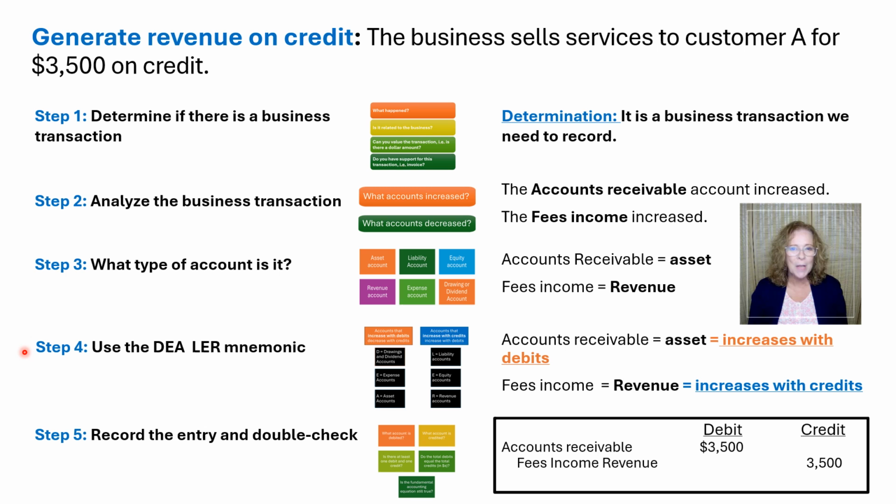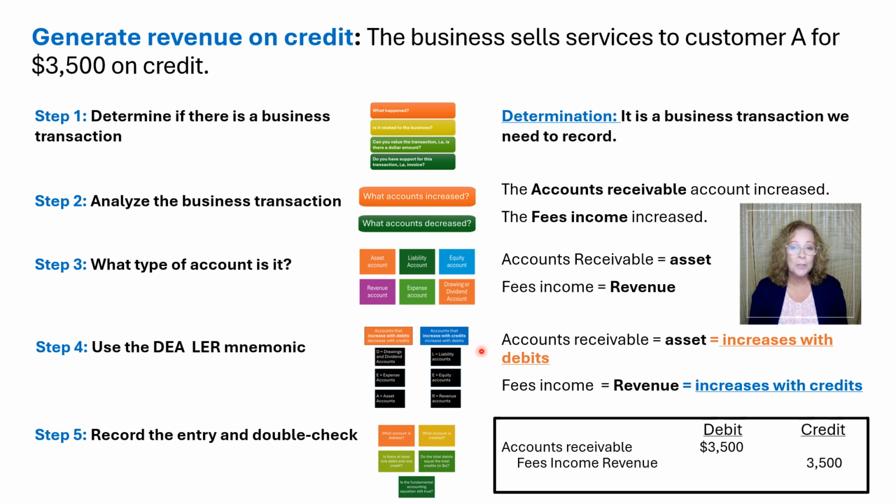Now let's use our dealer mnemonic to identify whether we need to debit or credit. The accounts receivable account increased, and we determined that the accounts receivable account is an asset. And do you recall how asset accounts increase? Yes, asset accounts increase with debits.